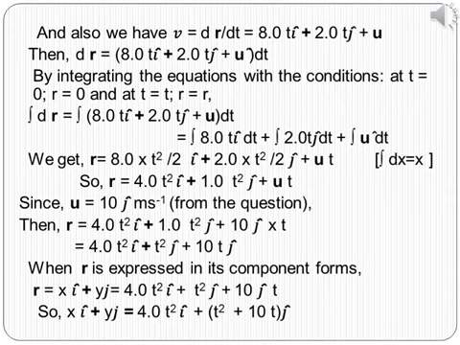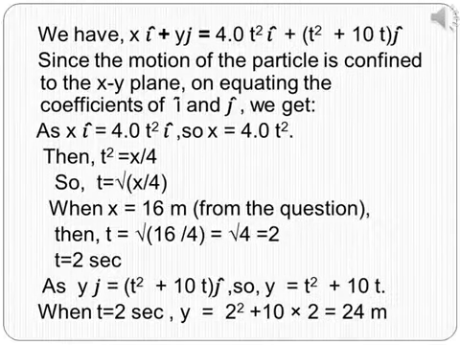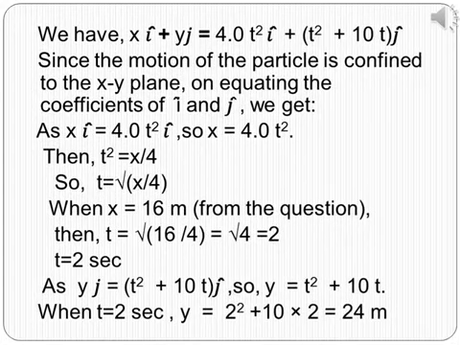So x i cap plus y j cap is equal to 4t square i cap plus (t square plus 10t) j cap.